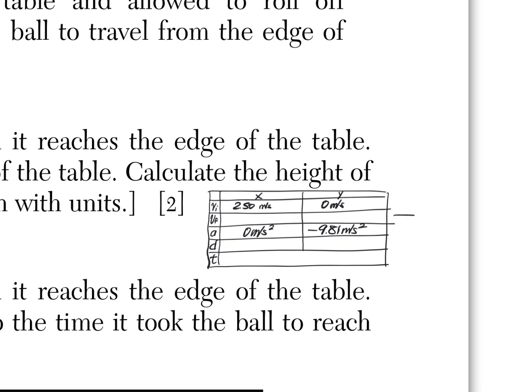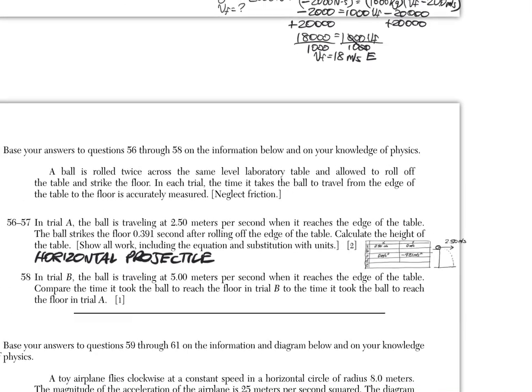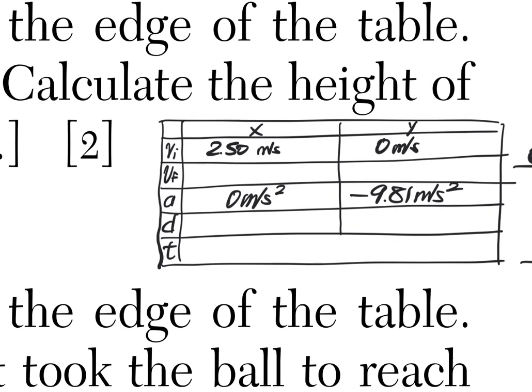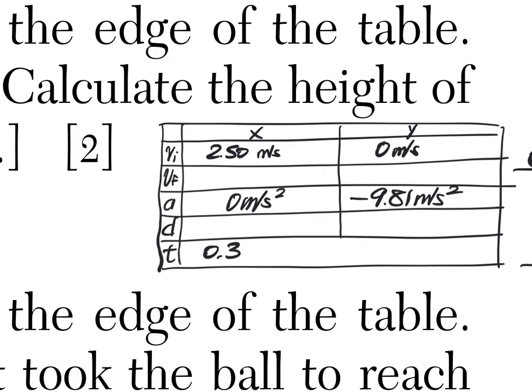Again, if I were to draw a picture of this, we have a ball rolling off of the table completely horizontally at 2.5 meters per second, and it falls down to the ground. And the time it takes to do that is 0.391 seconds. So the time in the air is 0.391 seconds.